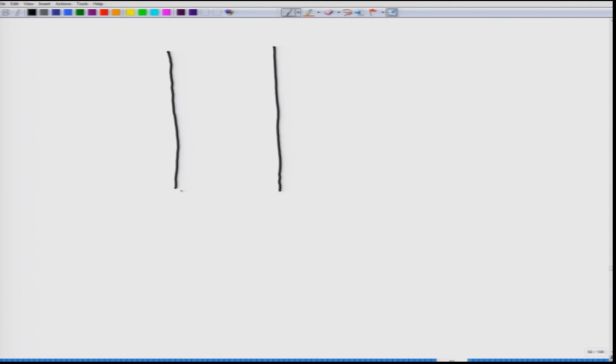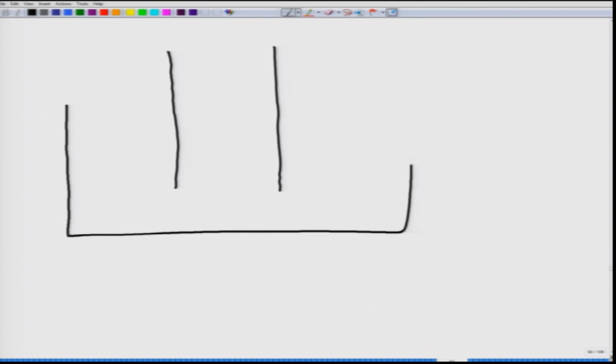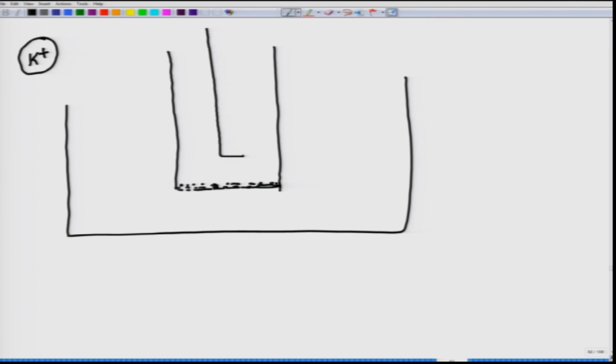Okay, this is an ion selective electrode for potassium ions, selective binding of potassium ions, which is one of the analytes. And out here you have a reference electrode.